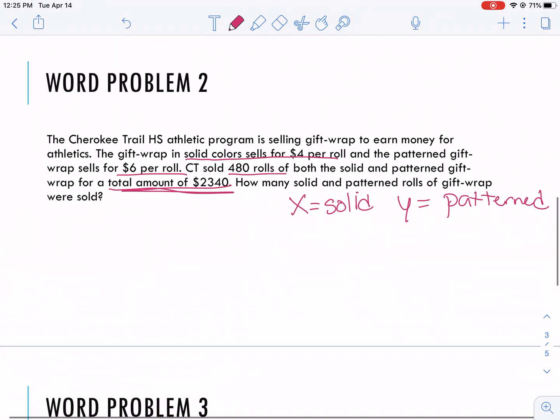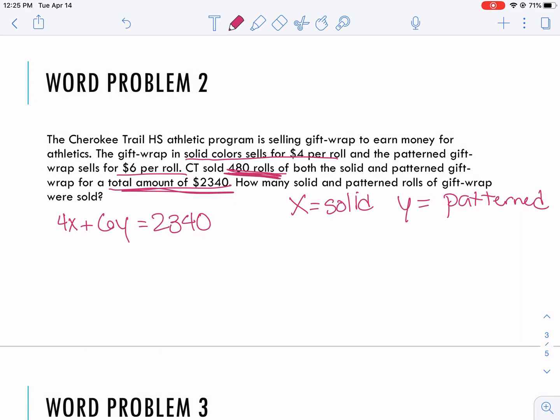So I think one that we could see is 4x, so 4 times the number of solid, plus 6 times the number of pattern, gave us the $2,340. But then I want to know how many total rolls. Well, I don't know how many solid were sold. I don't know how many pattern were sold, but I know together they were 480.